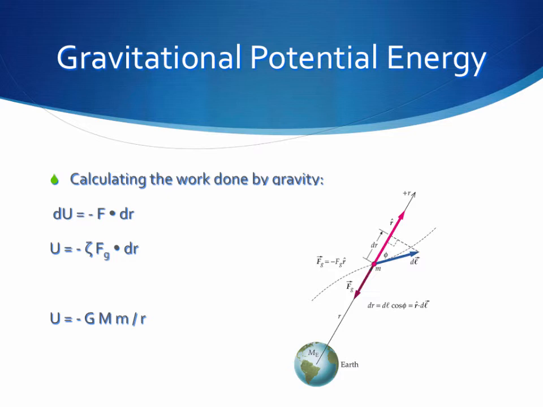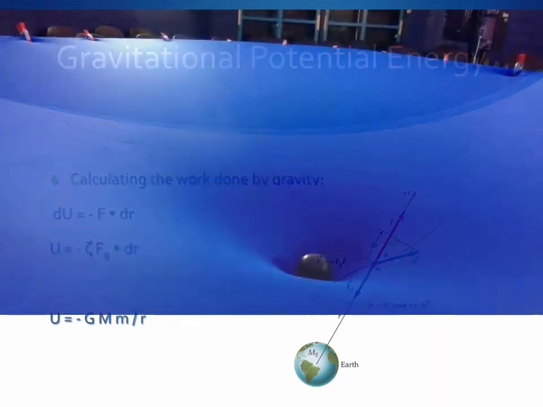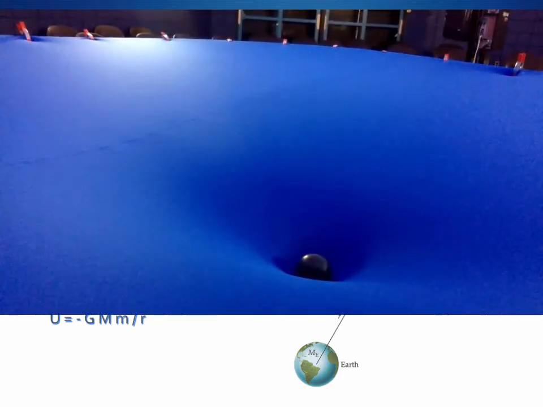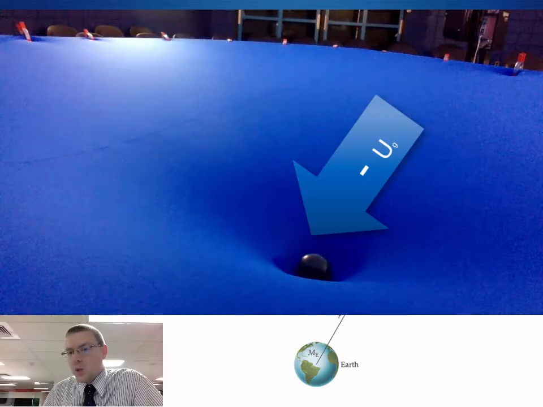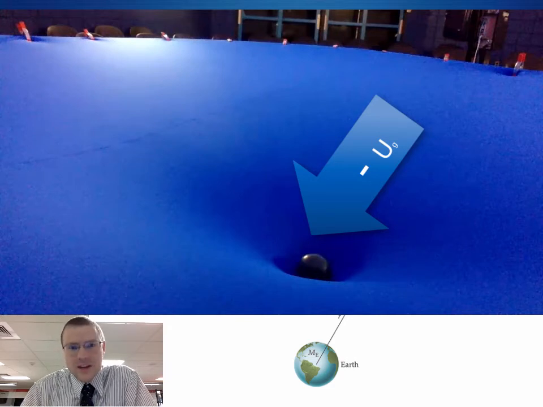Why is it negative? The negative sign doesn't seem to make sense there. But the negative sign means that we're making our zero point, our no-energy location, very far away from us. Think of it as if the roof was our zero point for every roller coaster problem you ever did with energy. That means every height you'd measure from the roof down would be a negative height, and you'd always have negative gravitational potential energies.